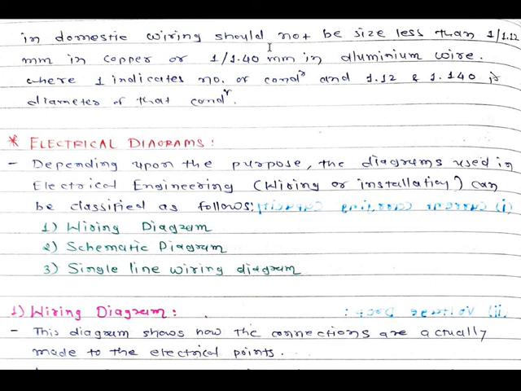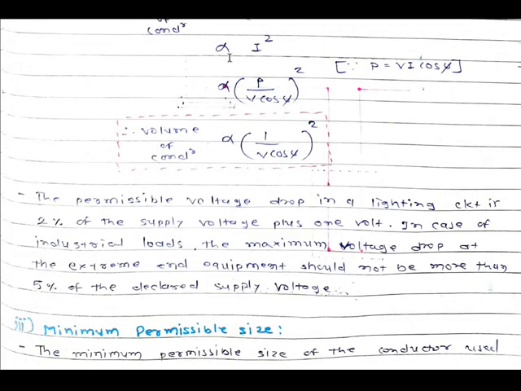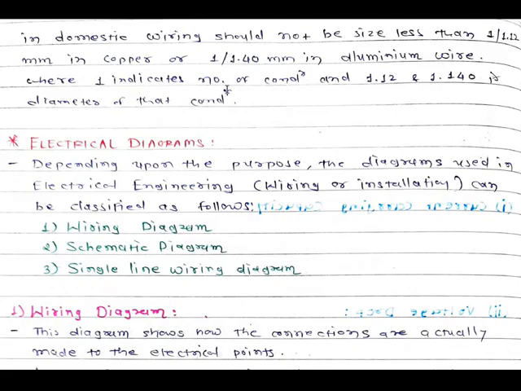So in domestic wiring, for copper the conductor number is 1 and the diameter is 1.12 mm, and for aluminum conductor wiring, one conductor of 1.40 mm diameter will be used. So this is the minimum permissible size for domestic wiring.